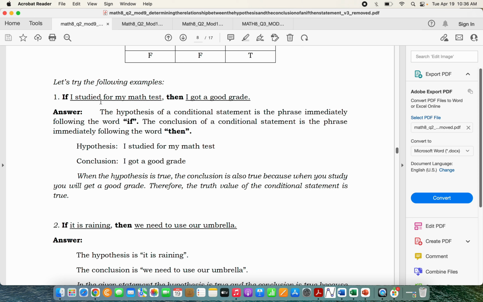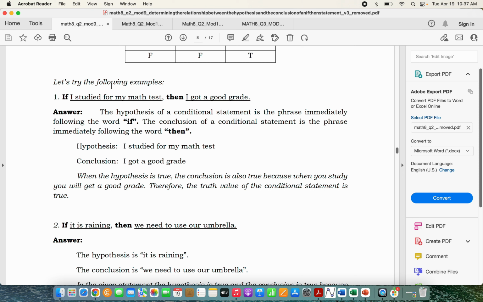So then, is the conclusion logical? If you study for your math test, then you will get a good grade. Tama ba? Yes. So, it's possible that you study for your math test.